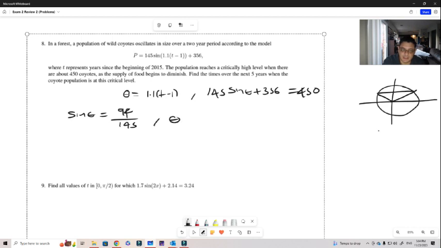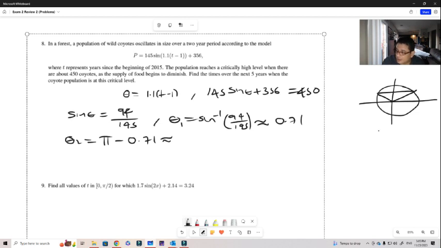Using theta equals sine to the minus 1 of 94 over 145, that's going to give us around 0.71, and that's going to be our first theta. I'm going to call this theta 1. And theta 2, of course, because it's in the second quadrant, is going to be pi minus 0.71.